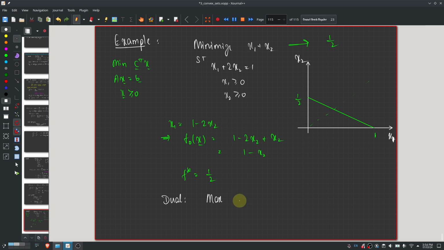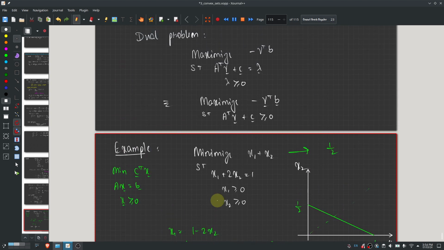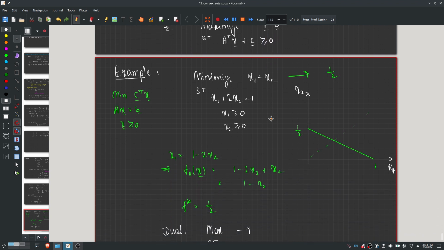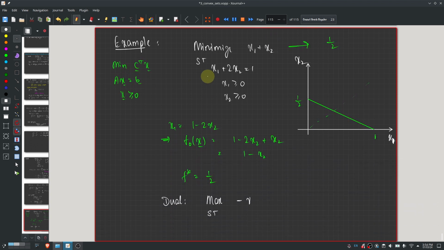So the dual problem would be: you want to maximize minus nu times 1 subject to the constraints that A transpose nu plus c should be greater than or equal to 0. What is A transpose? It's the vector 1 comma 2 times nu.